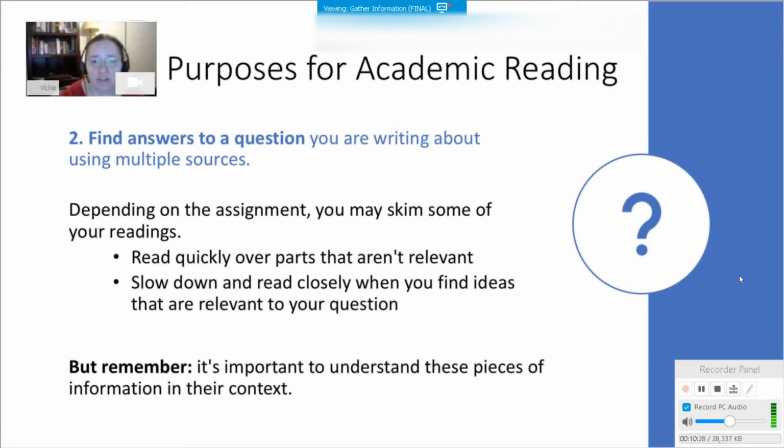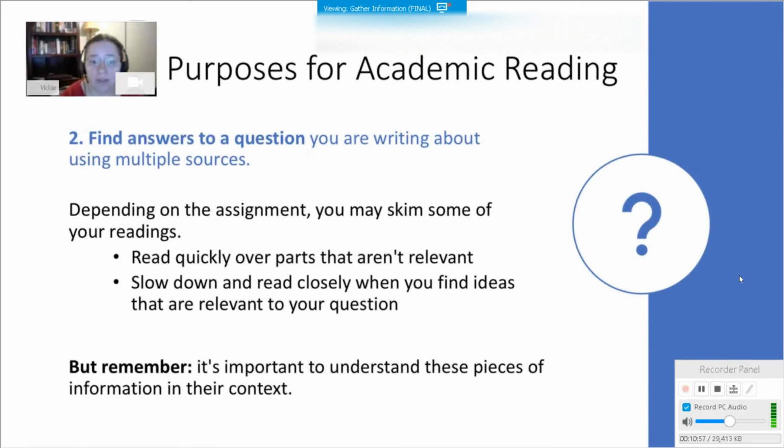When you're asked to find sources yourself, skimming becomes even more important. You'll take a quick look at many sources and use this quick look to decide which ones will help you in your assignment. You'll probably read the abstract, also known as a summary, of the article, and maybe the introduction to see if the source is useful, and then make your decision of whether or not you're going to use that source.